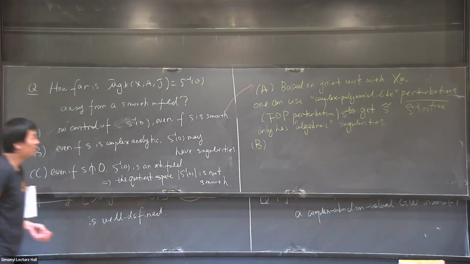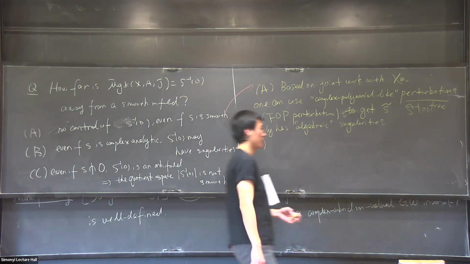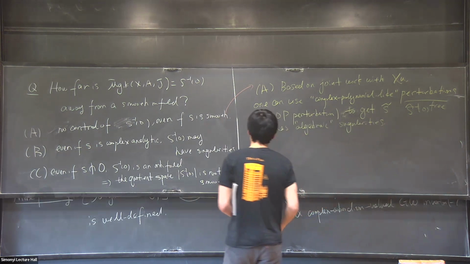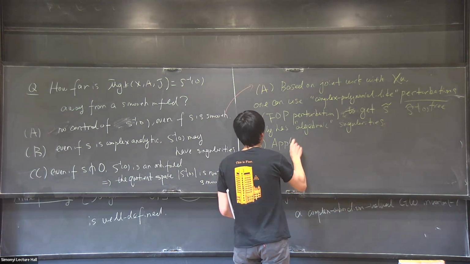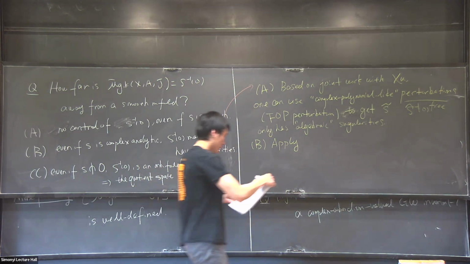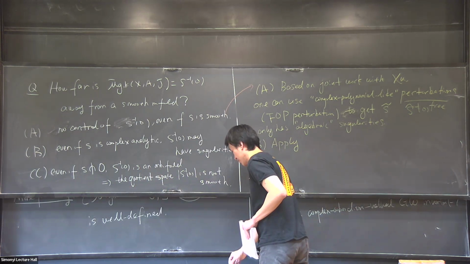The second part: now we are in this nice world of complex analytic or algebraic singularities. So of course, there's a theory of resolution of singularities that one can try to use. For the second part, we apply, not Hironaka's version, a different version, which is pretty important here: functorial resolution of singularities.